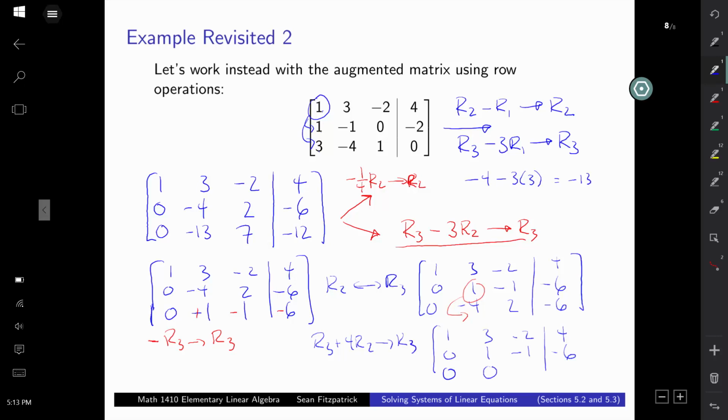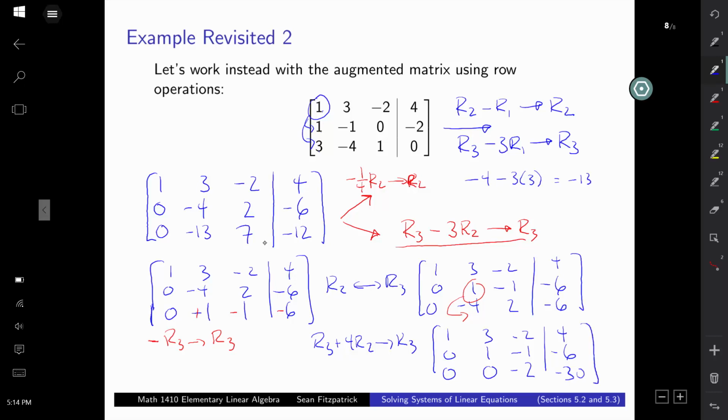So minus 4 plus 4 gives me 0. 2 minus 4 gives me minus 2. And minus 6 plus 24 gives me, or sorry, that's not right. Minus 6 minus 24 gives me minus 30.